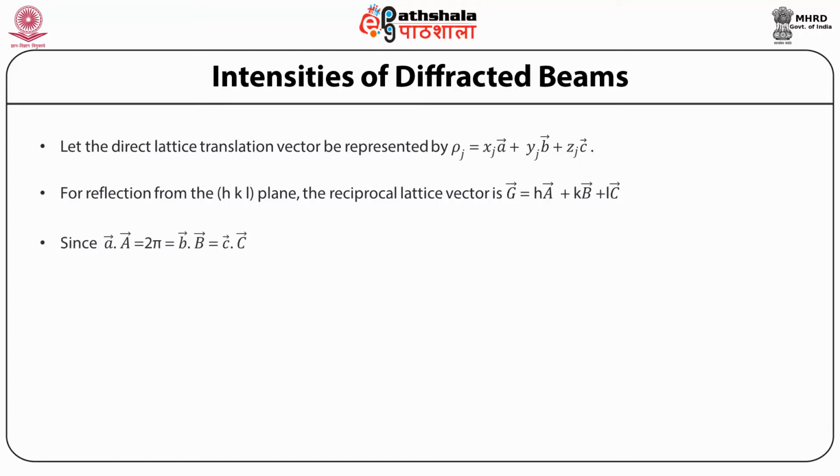Since small a dot capital A equals 2 pi, small b dot capital B equals 2 pi, and small c dot capital C equals 2 pi, therefore rho j dot g equals 2 pi times (xj h plus yj k plus zj L).